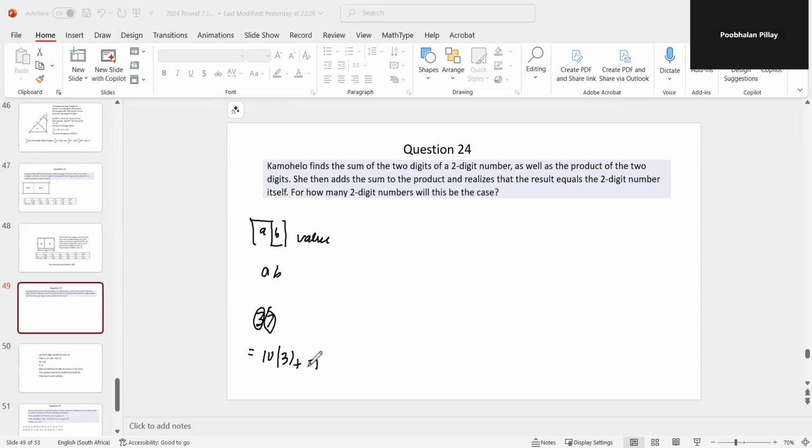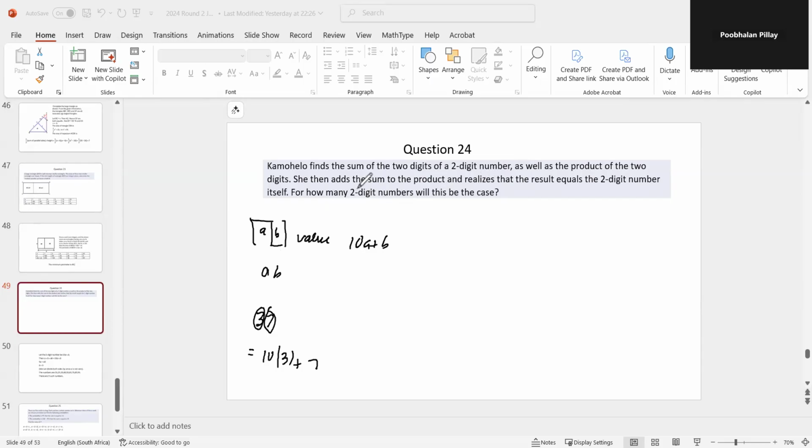So 10 threes is 30, plus 7. So if you've got A and B here, it means that the value is 10A plus B. That's the actual value of this two-digit number. When you write it, it looks like that.